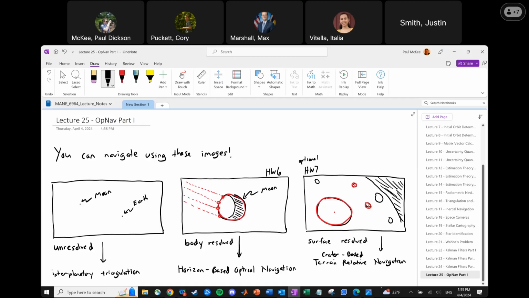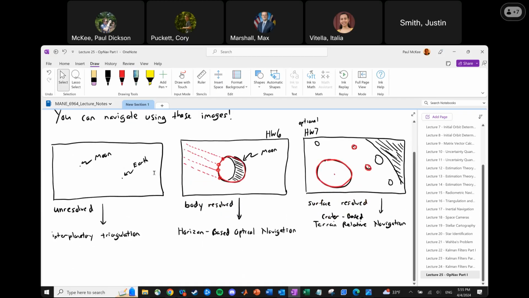Okay, cool. So I thought I'd mention all 3 of these because all 3 are OpNav. They're using optical measurements, like camera images, light-based images, to determine your position in space. We will be focusing on horizon-based OpNav for this next unit, for the next couple of lectures.